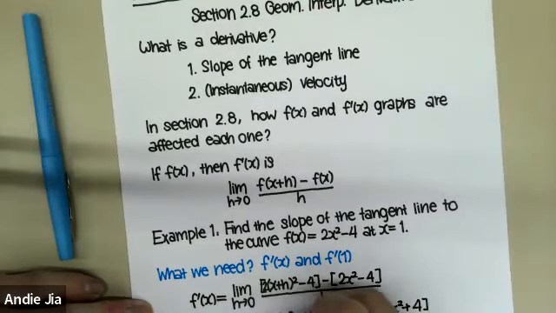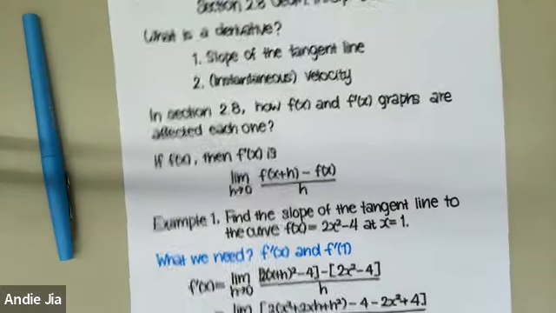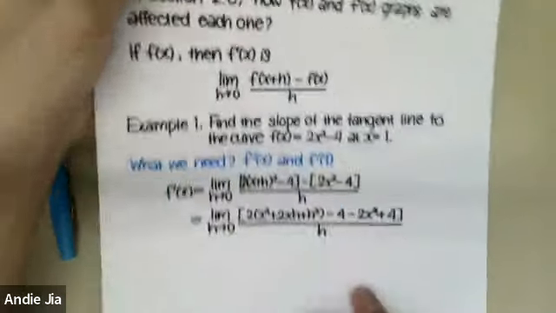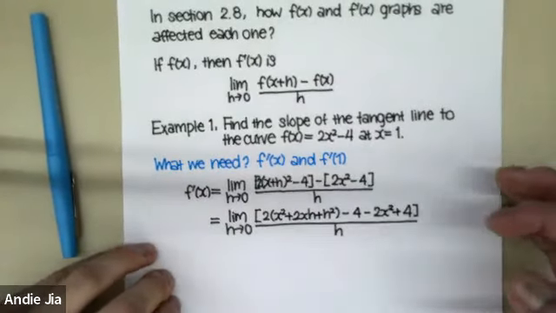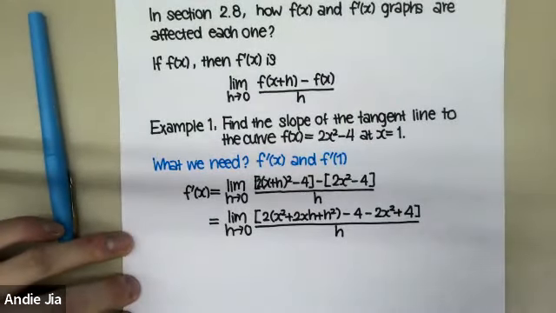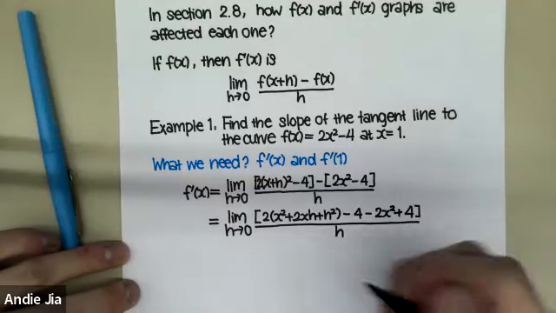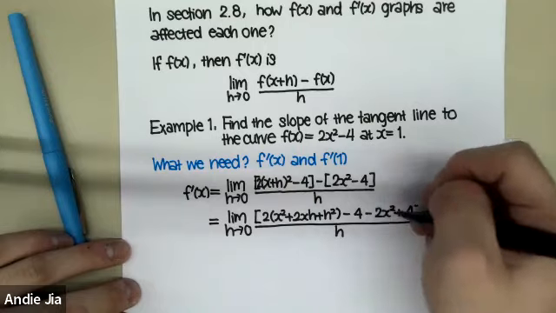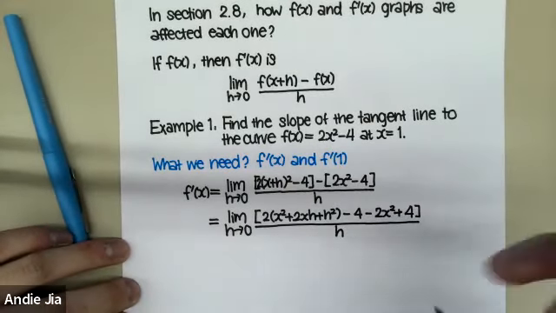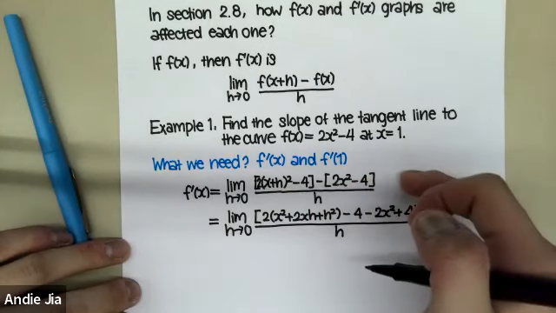A lot of terms will be canceled. The main purpose of doing the limit is to get the h term canceled, because h in the denominator is a singularity, otherwise it's a 0 over 0 limit. So 2x squared is canceled and 4 is canceled.